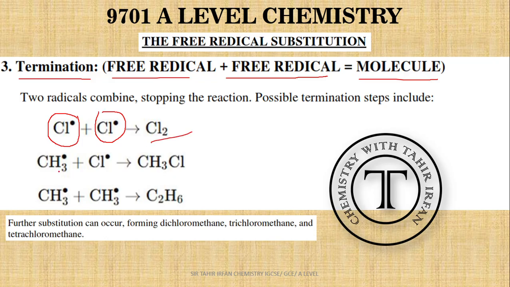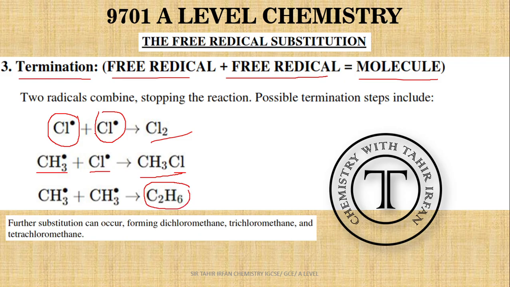Now if a CH3 free radical, the methyl radical I told you about, combines with the chlorine free radical, there will be CH3Cl, monochloromethane, because it contains one chlorine atom. Now if two methyl radicals combine with each other, they can make an ethane molecule.